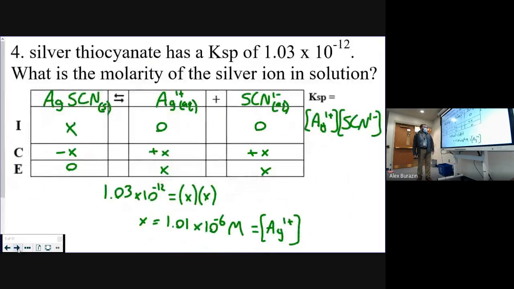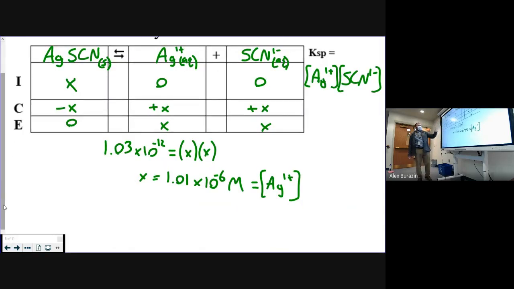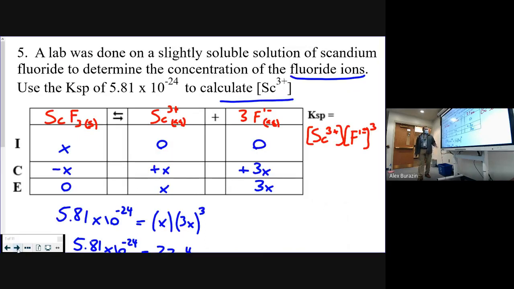Or I can give you Ksp and ask you to solve for how much of these things dissolve in the solution. In that case, we have this weird ICE table with nothing but x's and zeros. But we can set that up algebraically and solve for the molarity of any of those pieces. And that's exactly what we did in this last one too.